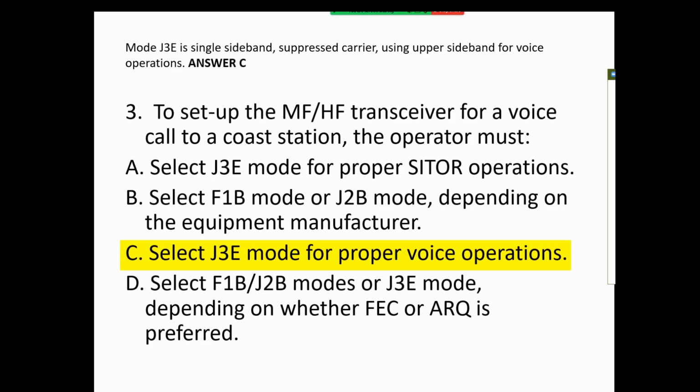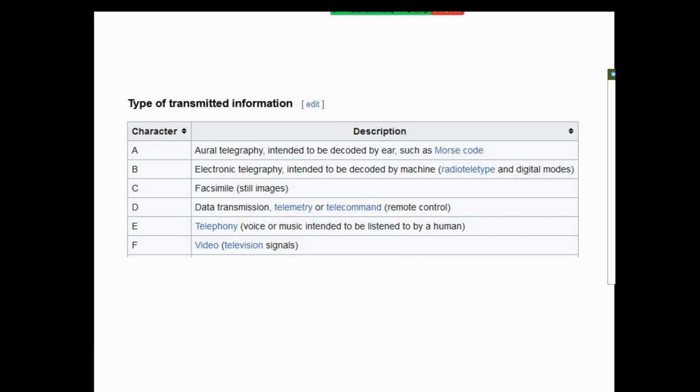Mode J3E is single sideband suppressed carrier using upper sideband for voice operations. Go into a little bit of that here. Okay, J3E, like I said, they don't really test on the 3 part, analog or digital, nor really the J, but they do test, it seems, if you know the last character, like the E. And kind of think of it as technology increased.